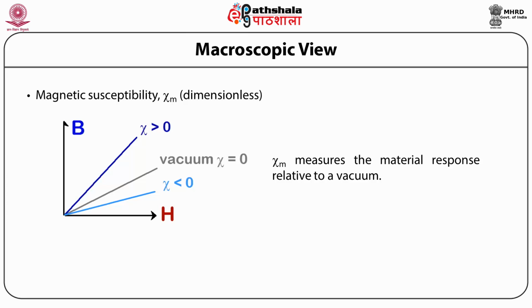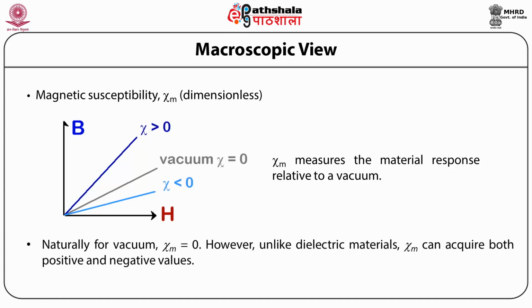Hence, if we plot a graph between B versus H, then chi represents the slope of that straight line. Naturally, for vacuum, chi m is equal to 0. However, unlike dielectric materials, chi m can acquire positive and negative values.